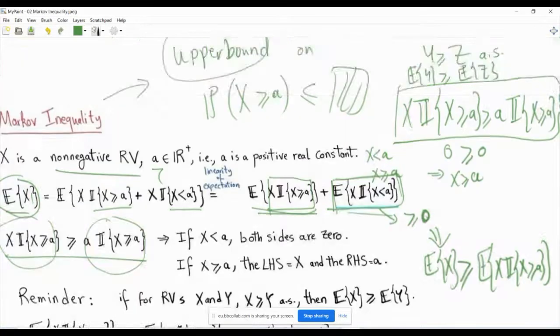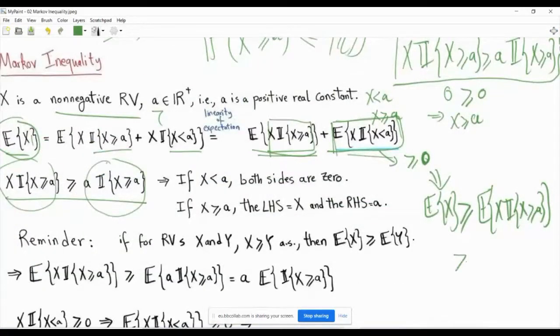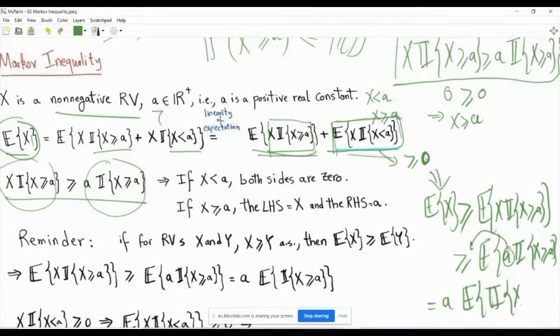And then using our inequality from here, this is greater than or equal to the expectation of a indicator x greater than or equal to a. Now, a is a constant, so we can pull it outside. So this is equal to a times the expectation of the indicator x greater than or equal to a. In the previous lecture, we talked about the expectation of a Bernoulli random variable, a random variable that is 0 or 1.